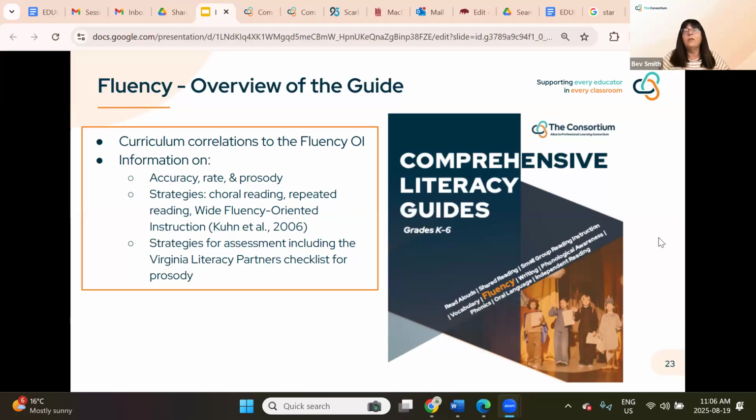Intonation is our varying of our voice in tone and in pitch and in volume to convey meaning. Lots of people might call it expression. The rate is, are they reading at an appropriate rate? They may have a few slowdowns to define the words, and then integration is, are they using all of those things together?